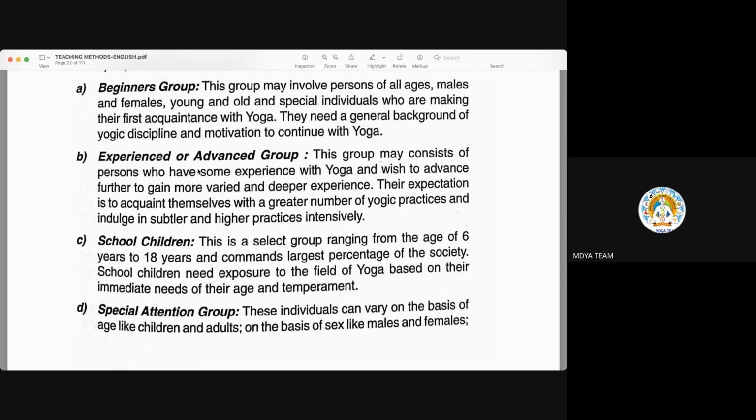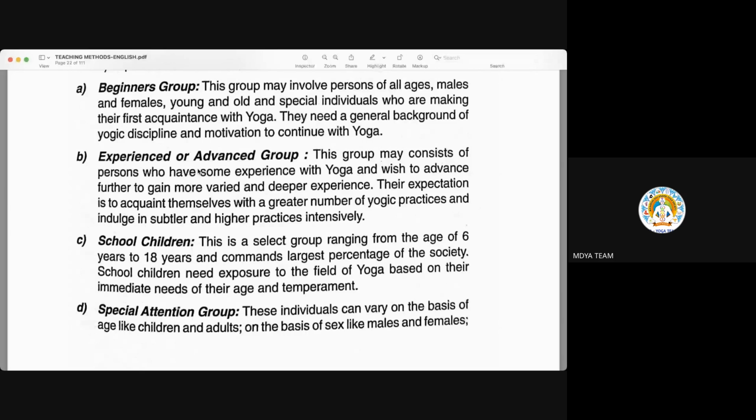So they may come to your class and wish to advance further to gain more varied and deeper experience. Their expectation is to acquaint themselves with a greater number of yogic practices, and higher practices, you can say. So accordingly, you have to teach them.